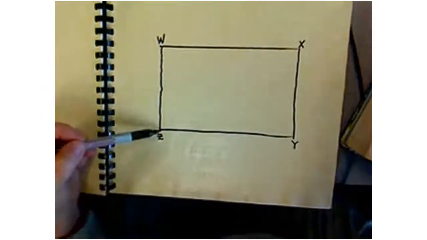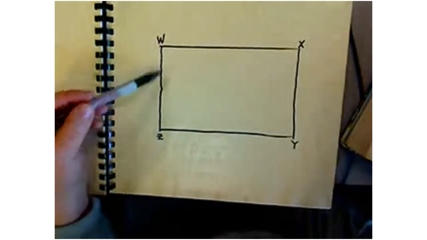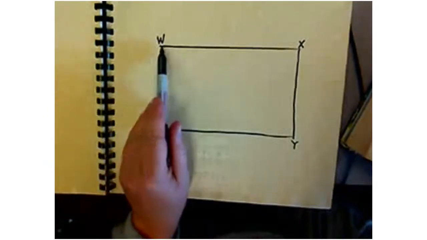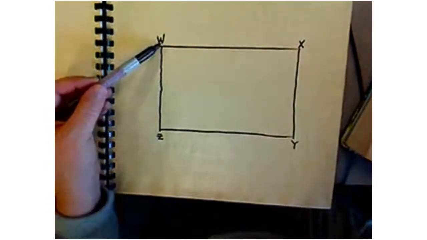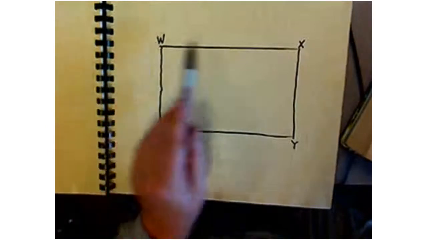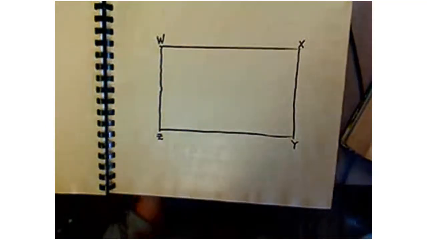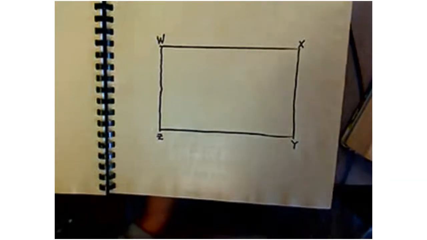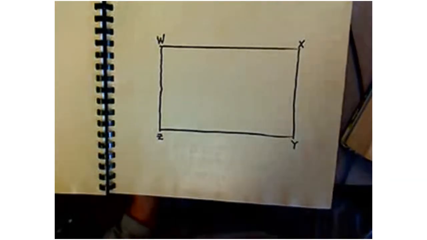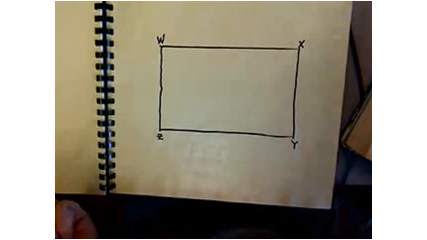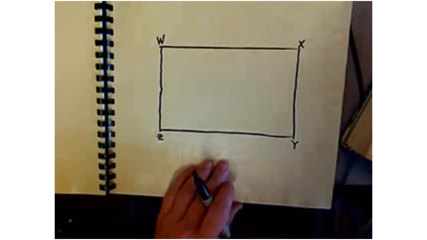And if we start at Z, we would go back up to W and turn the corner, turn right to X. So ZW is consecutive with WX. That's naming them in order by how they labeled the quadrilateral, WXYZ. You could start at any vertex and start walking your way around it clockwise or counterclockwise and name the consecutive sides in different order.